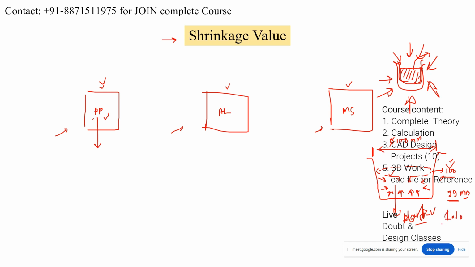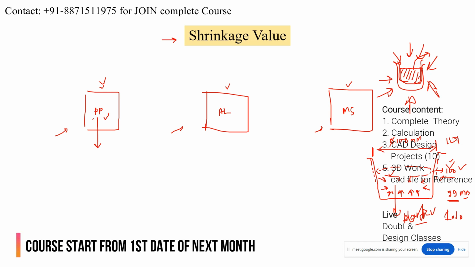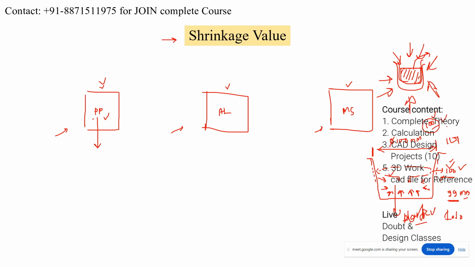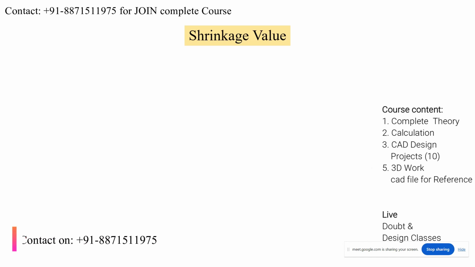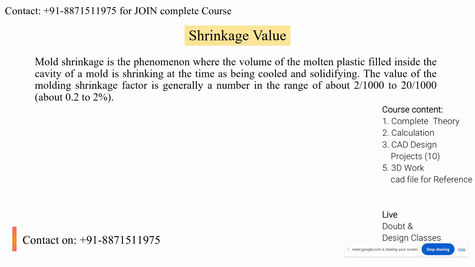If I want to get the 100 mm dimension, what will be the diameter of the vessel? 101. So you will get around 100 mm, plus or minus, within a tolerance. This factor is known as the shrinkage value. We have to provide this shrinkage value into the component by the scale body to get the specific dimension within a tolerance.